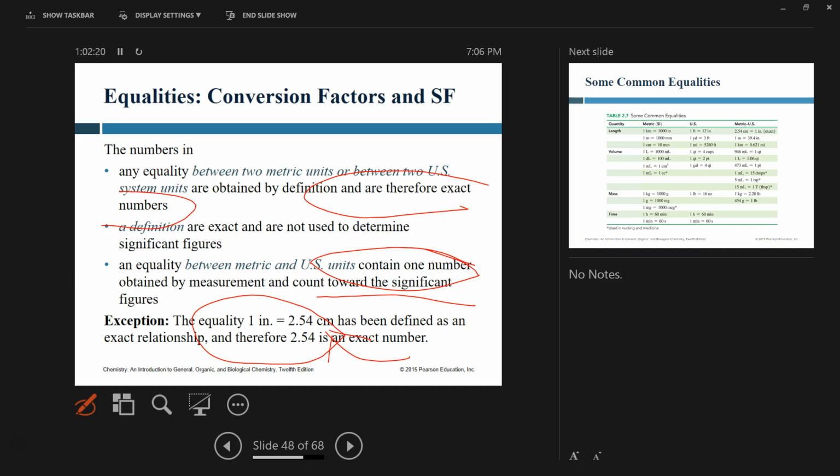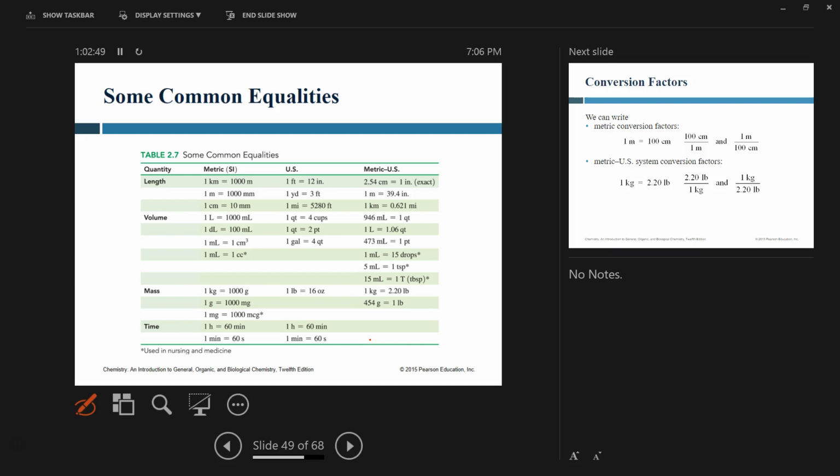How many inches are in a foot? Well, you multiply 2.54 by 12, and you get the exact number of centimeters in a foot. But if you take a tape with 1 foot on it and you measure it, it's going to be a measured number. That makes sense? So here are some conversion factors.